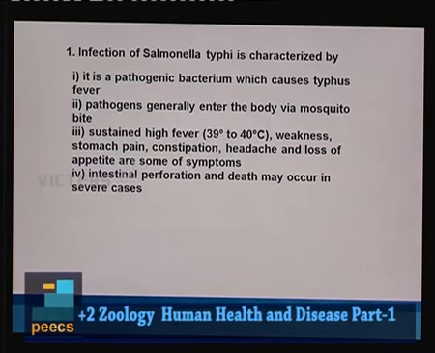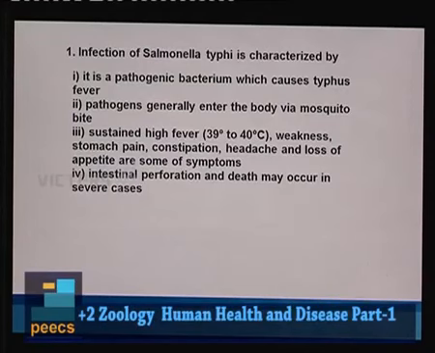Third, sustained fever of 39 to 40 degrees Celsius, weakness, stomach pain, constipation, headache and loss of appetite. These are the symptoms of this particular infection. Then intestinal perforation and death may occur in severe cases. What do you think about these statements?